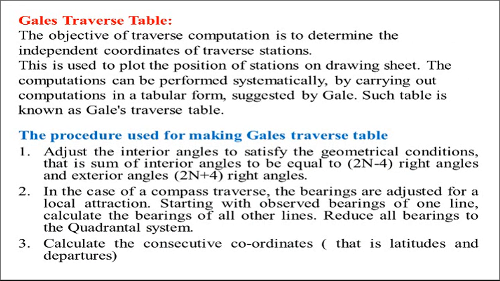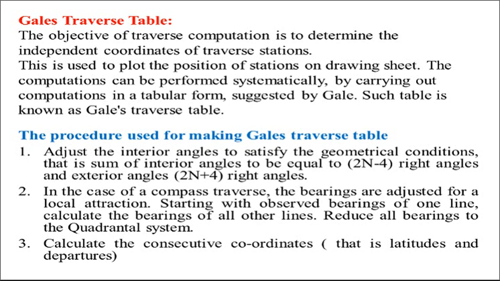Next, we are going to see the Gale's traverse table. The objective of traverse computation is to determine the independent coordinates of the traverse. As we know, independent coordinates are the coordinates due to which the total traverse falls in the northeast quadrant, means all coordinates are positive.